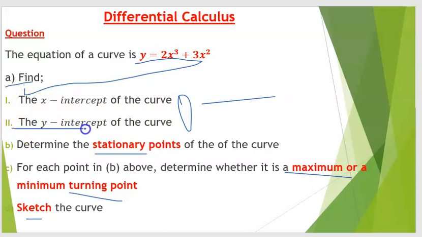Roman 2, find the y-intercept of the curve. B, determine the stationary points. Then C, determine whether those stationary points are maximum or minimum, that is, determine the nature of those stationary points. Then lastly, sketch the curve. Now let's proceed.